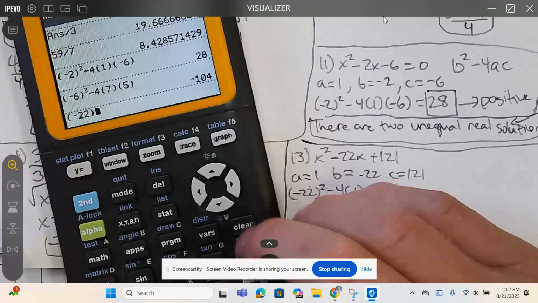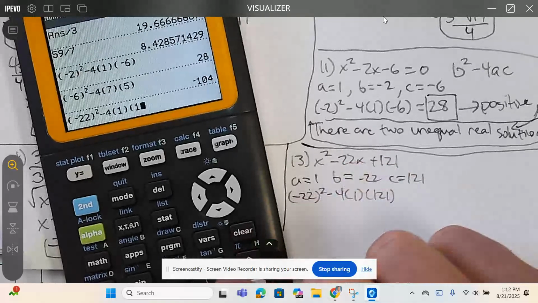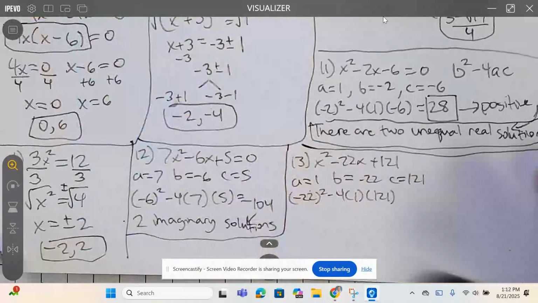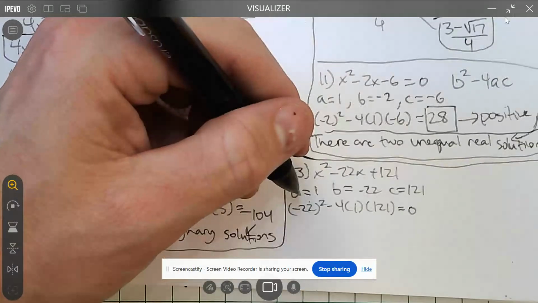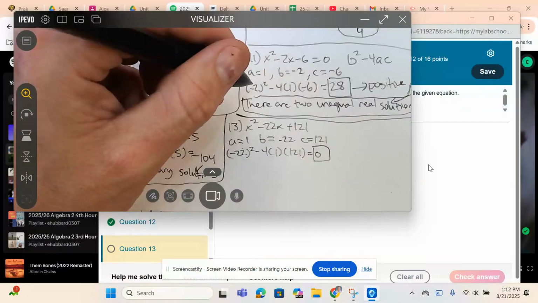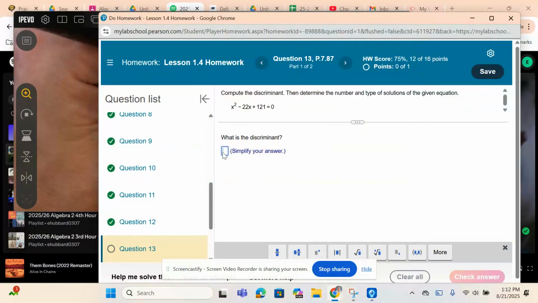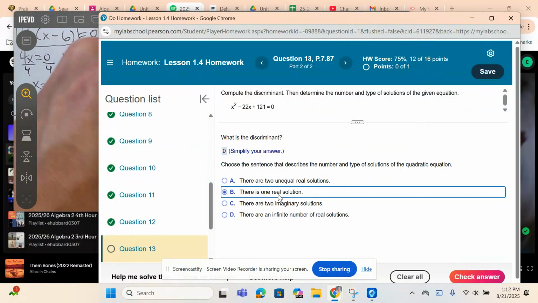Negative 22 squared minus 4 times 1 times 121. That gives me 0. And if you get 0, you get one solution. I'm not sure how they word exactly, but it's one real solution.